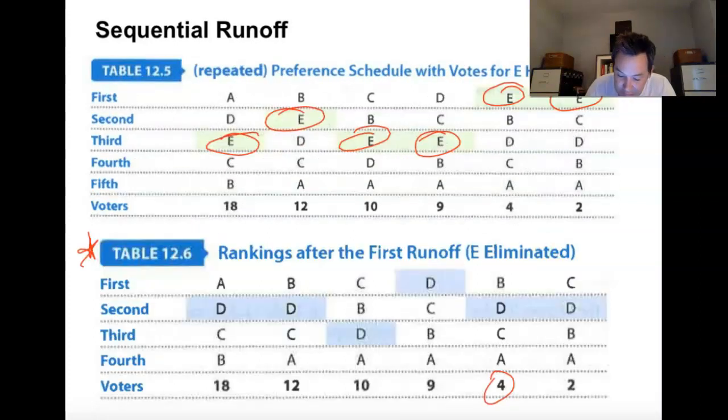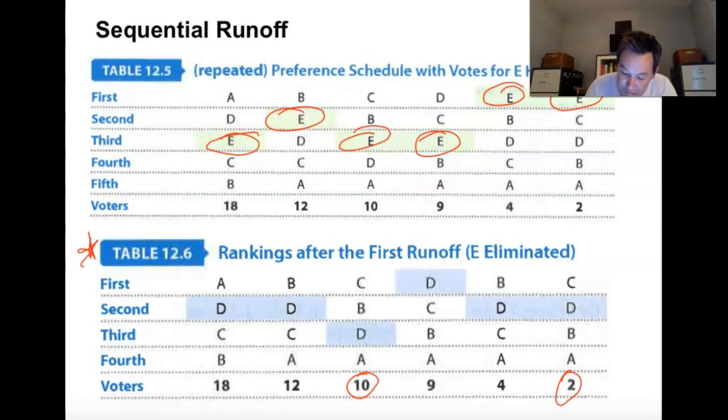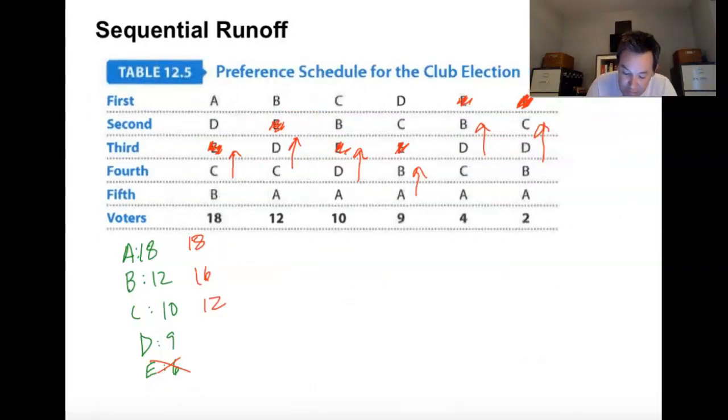So look at C. C gets these 10, and also these 2. So C is now at 12. And D is still just stuck with 9. D is the slowest buffalo on that round. So now we go through and we eliminate all the D's. D's gone.